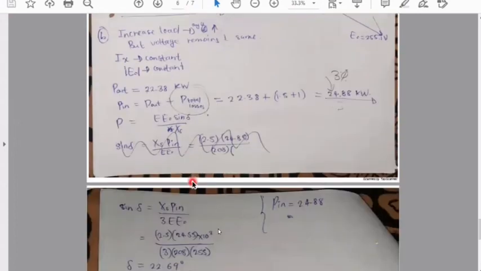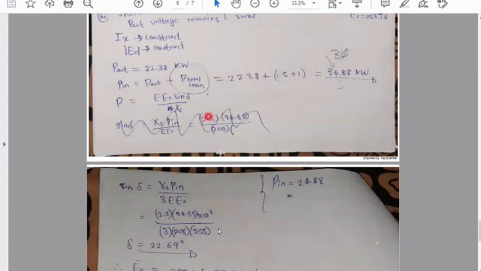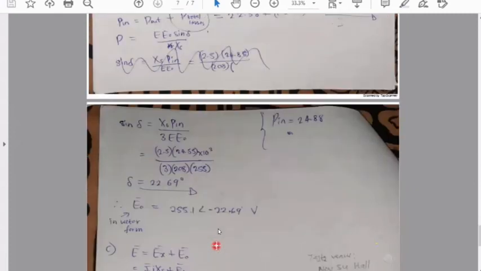That's what it means. So we did all of these calculations just to get the angle. All right. And we got 255.1 from the previous question, and it just changed the angle. Okay. And when you write it in vector form, that's what it would look like.